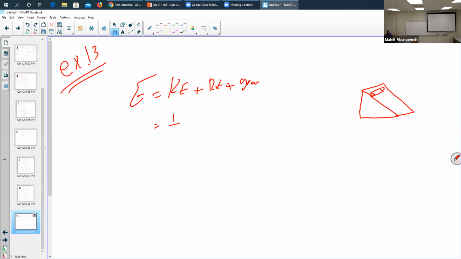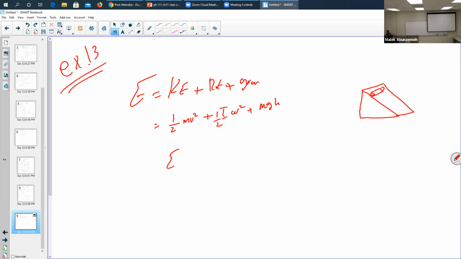Your kinetic energy is 1/2 mv squared. Your rotational is 1/2 I omega squared. Next time, rewrite the omega so you would not think it's a W. And these are 1/2, plus your gravitational is mgh.